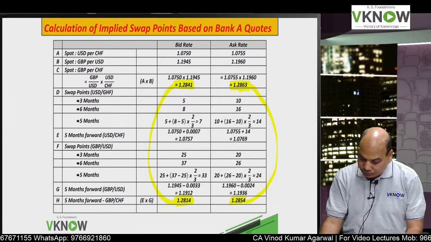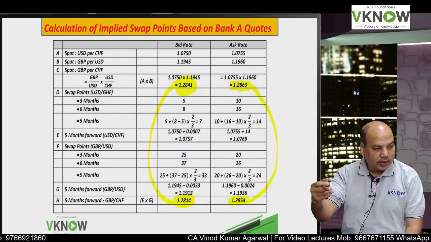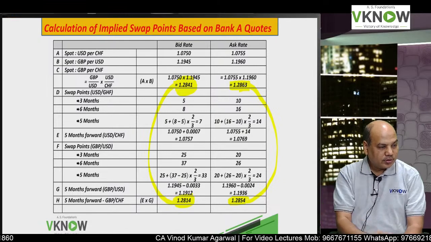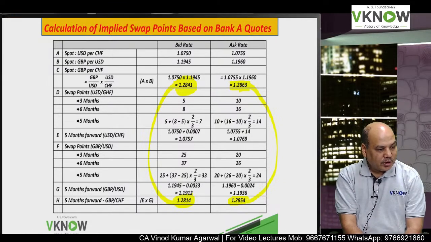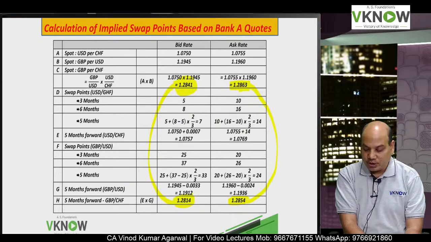So let us see. The forward is lower than the spot. Can you see the forward? The last points are 14 and 41. Forward is less than spot. So please reply fast, those who are on YouTube directly watching. Is GBP per CHF at discount or premium?